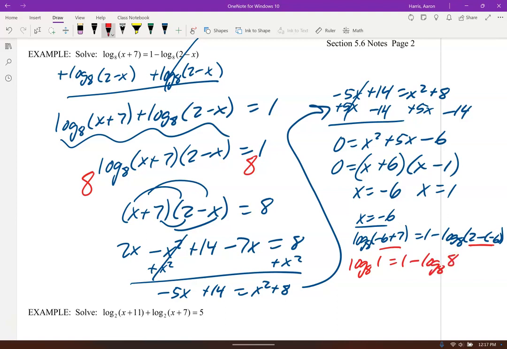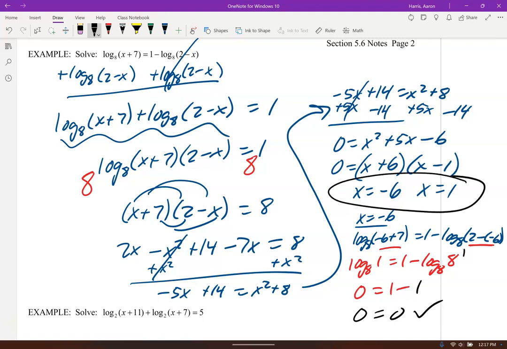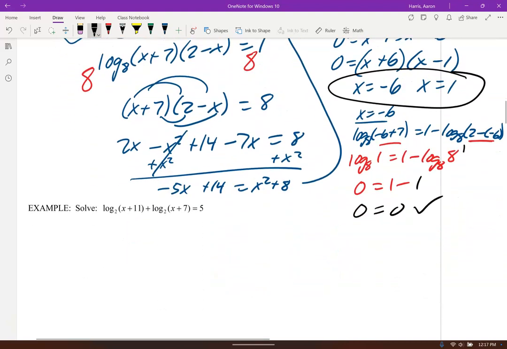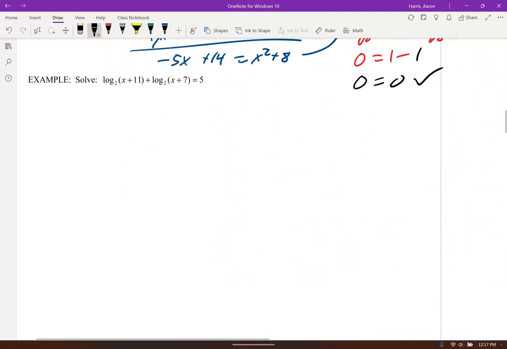Log base 8 of 1 is 0. Log base 8 of 8 to the 1 is 1. And see how that works out, right? So I check that one. I'd also check the 1, and both of them work, right? I'm not going to run through the 1, but if you want to later, that'd be great.